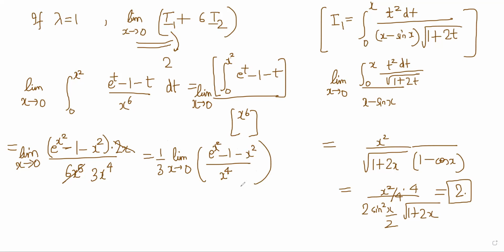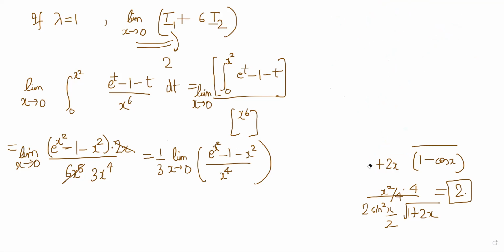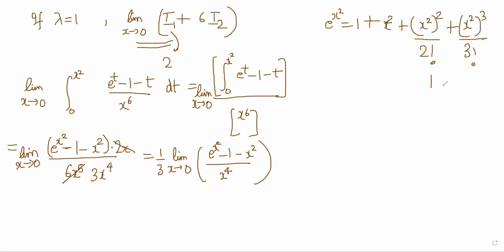So here we can utilize Taylor series. Let me just write down what you will get. If you do the Taylor series expansion, e power x square would be 1 plus x square whole square by 2 factorial plus x square whole cube by 3 factorial and so on, right?